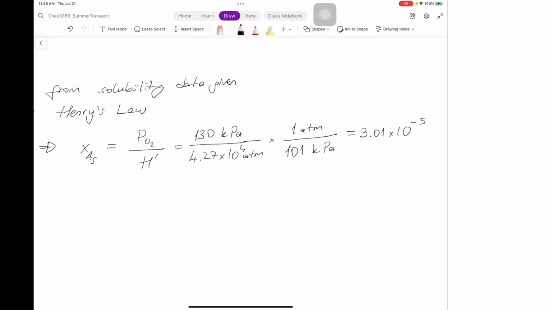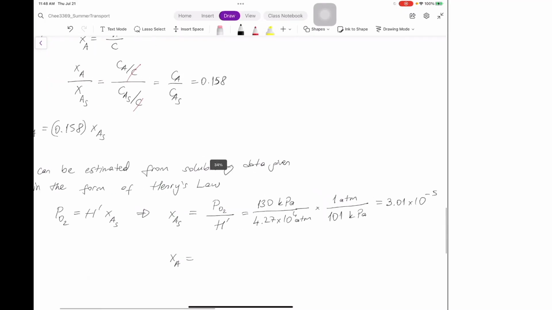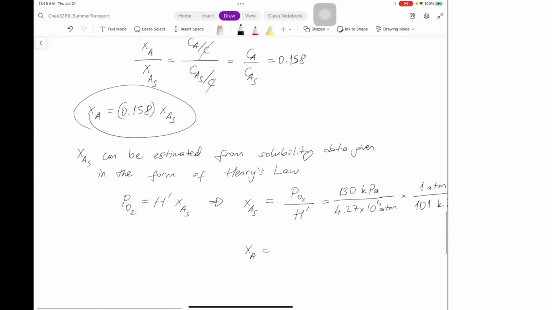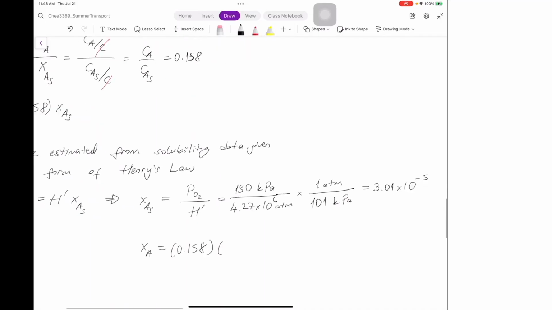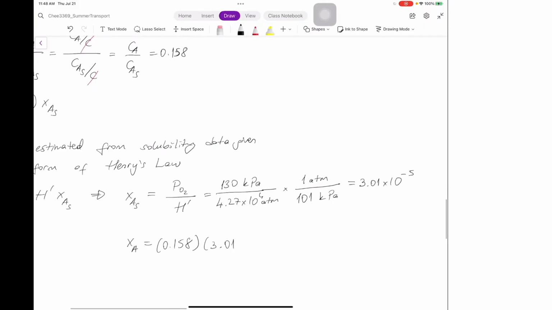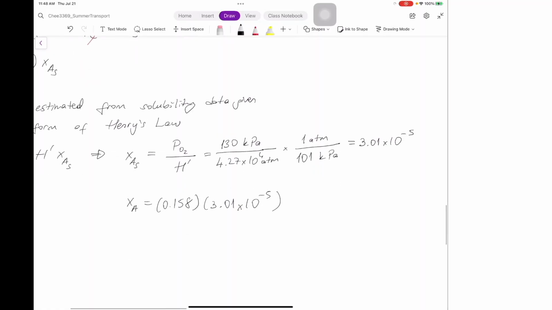Okay, so the XA comes out to be, using this formula, 0.158 times the XAS, 3.01 times 10 to minus 5. And you get XA is equal to 4.76 times 10 to negative 6.